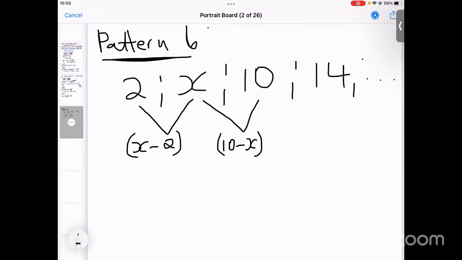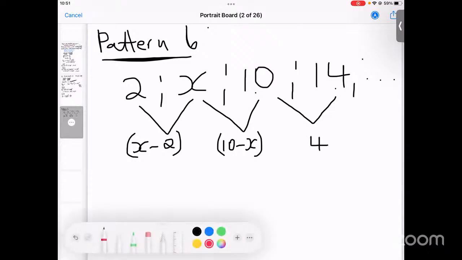Which means it is still the same as that minus that, which is 14 minus 10. What is that? Is that 4? Yes, it gives us 4. So in other words, this thing is equal to that, and also that is equal to that.